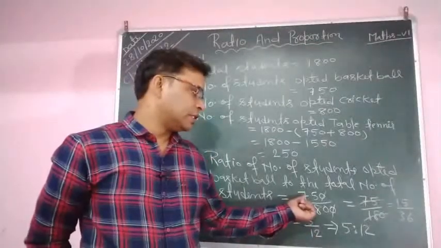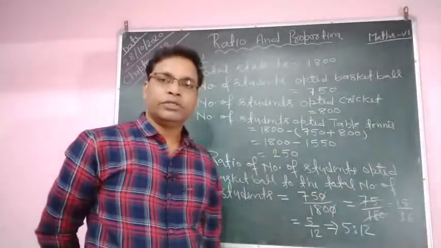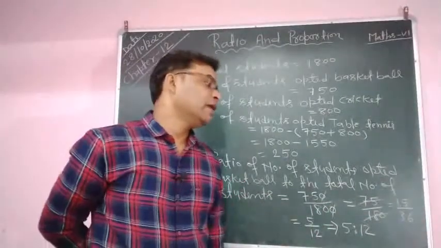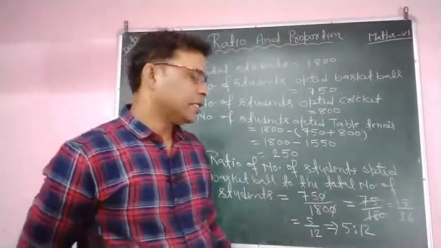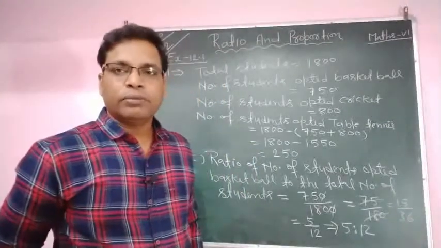Clear? 750 by 1800. First we cancel the zeros. Then we have 75 by 180. Again we cancel by 5, which means we divide numerator and denominator both by 5.